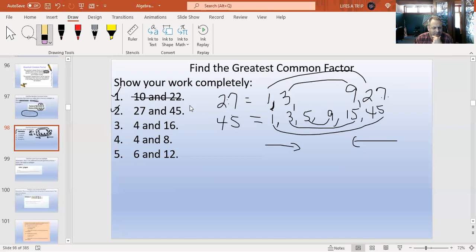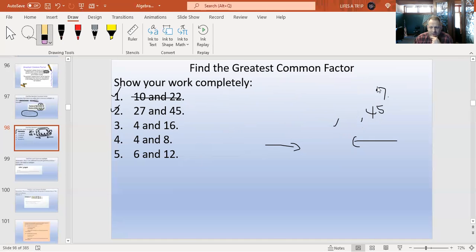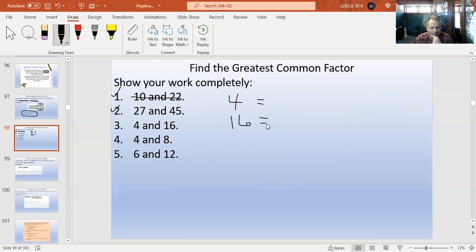All right, let's do number 3, and I'll leave the homeschoolers to do number 4 and number 5. All right, so let's see here. 4 and 16. Oops, I'm sorry, guys.